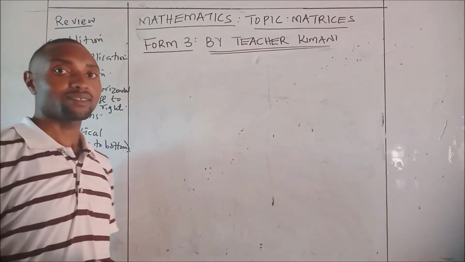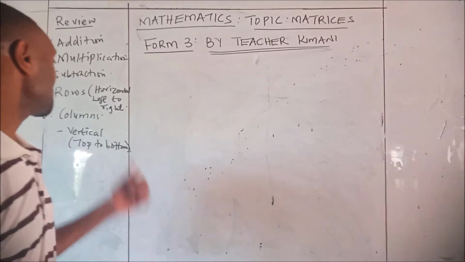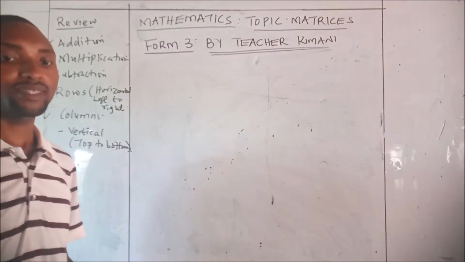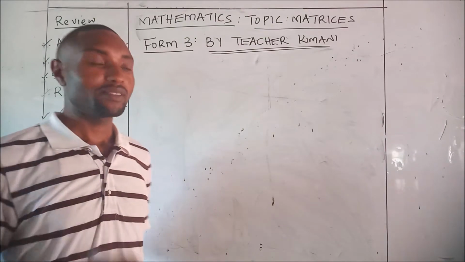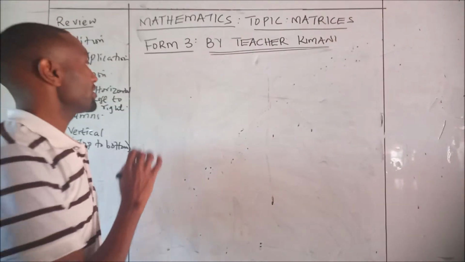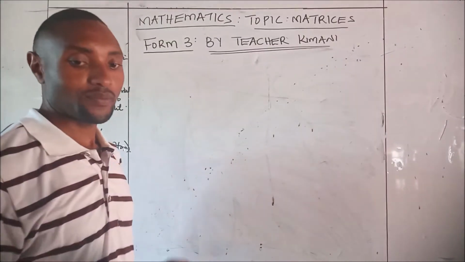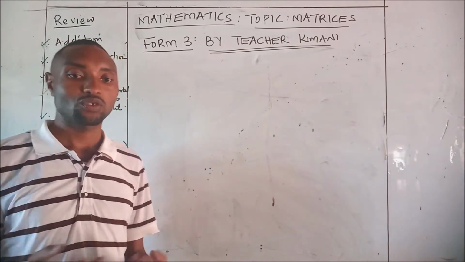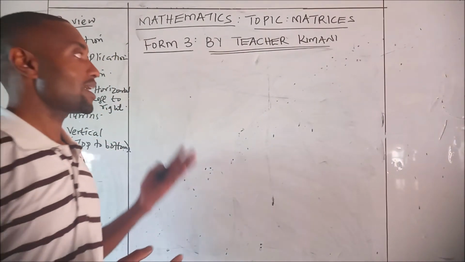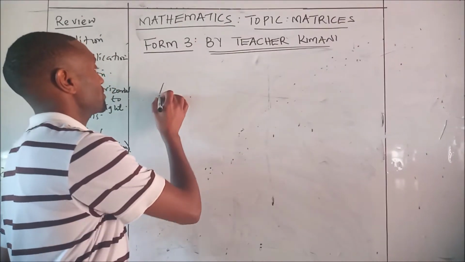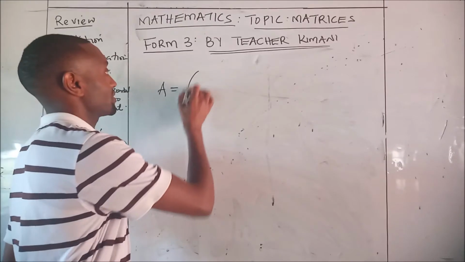But for matrices, it is all defined by rows and columns. So we have examples of matrices, and we are going to give just an example that is going to help us understand what a matrix is.